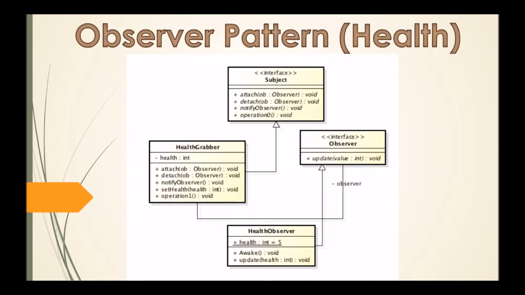So here is the observer pattern I have implemented for the health of the player. These are the 4 classes involved in this health observer pattern. A subject is an interface which contains the methods to be implemented by the concrete subject, and here is an observer, which contains the methods that need to be implemented by the health observer.